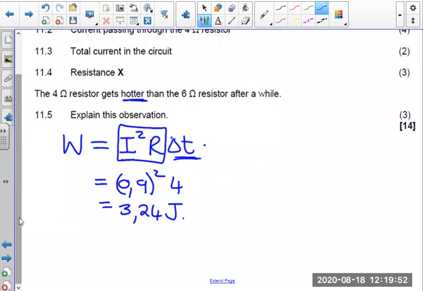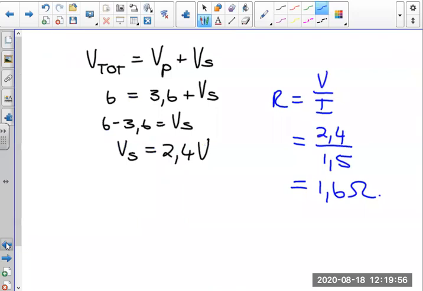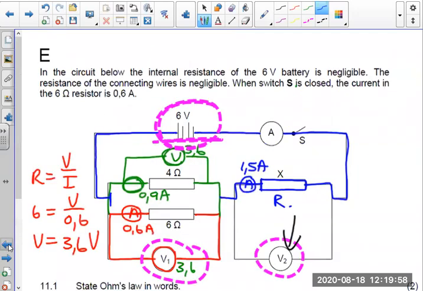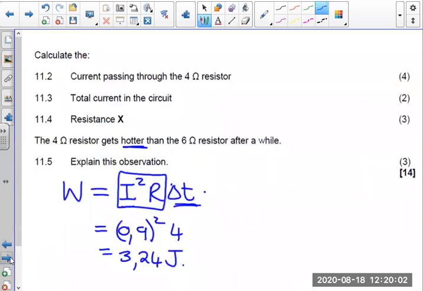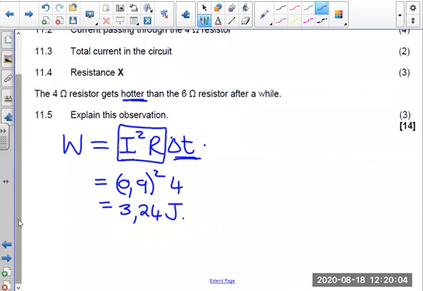For the other one, for the same time, what was the current? The current was 0.6 and the resistance was 6. Let's see if it works. So 0.6 to the power of 2 times 6.